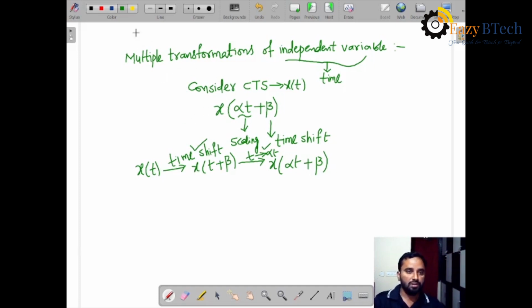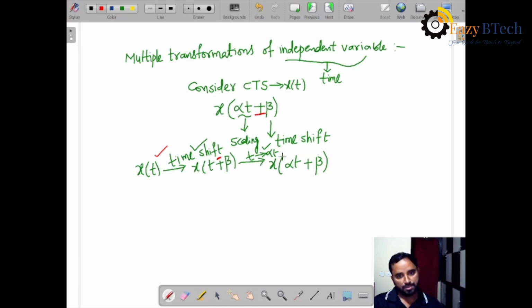For example, if we have a minus sign, x of alpha t minus beta. Here we take the original signal, then perform the time shift operation; the minus sign means right shift.